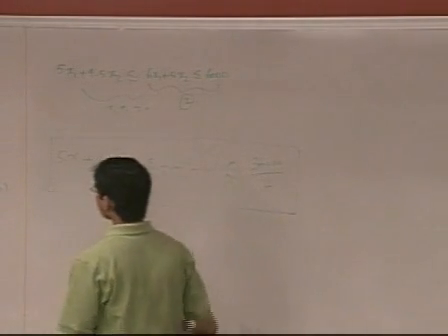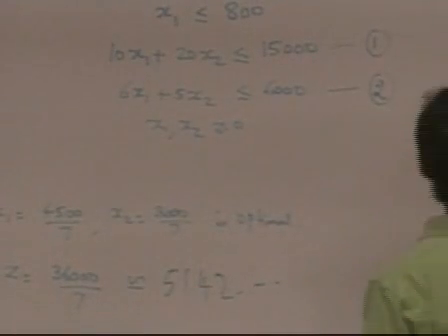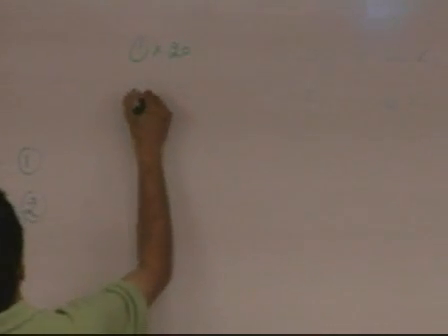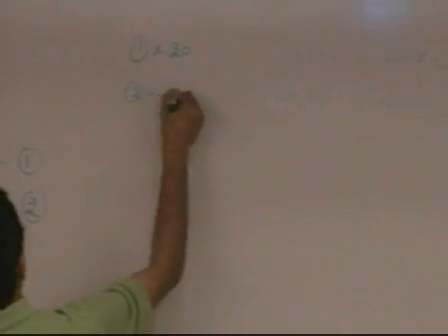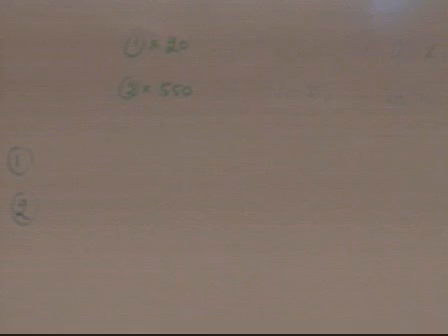So what I want to do, so I'm going to get rid of this. So let me take 1 times 20 and 2 times 550. Okay, so just bear with me a moment.